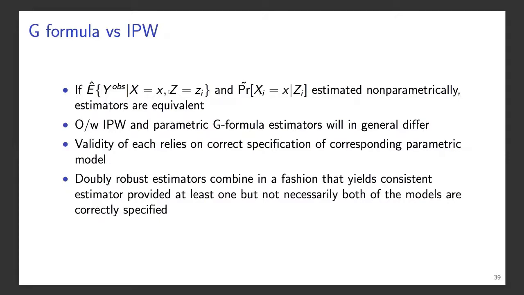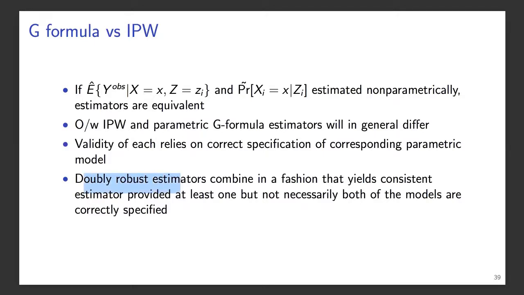But if Z is a vector of covariates, if it contains continuous covariates, it won't be possible to do this non-parametrically. In which case you would be introducing different parametric assumptions depending on which of these approaches you used. And of course, the validity of your inferences would depend on those parametric models being correctly specified.